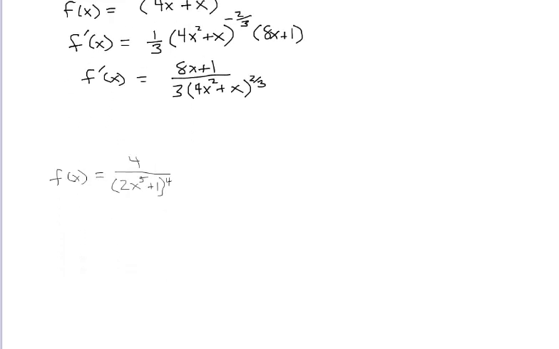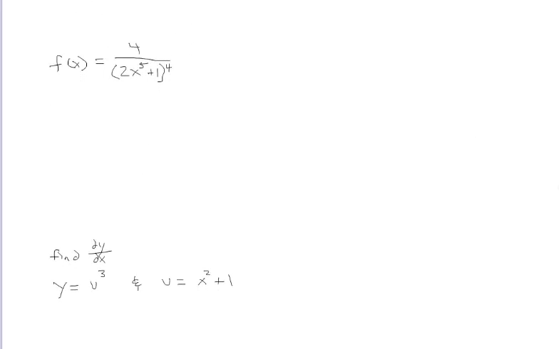In this next example, again, we're going to have to rewrite this. Now, you see this, and you definitely could use the quotient rule and then the chain rule combined. In this situation, I'm going to rewrite it so that I only need to use the chain rule. So I'm going to say that this is equal to 4 times 2x to the 5th plus 1 raised to the negative 4.